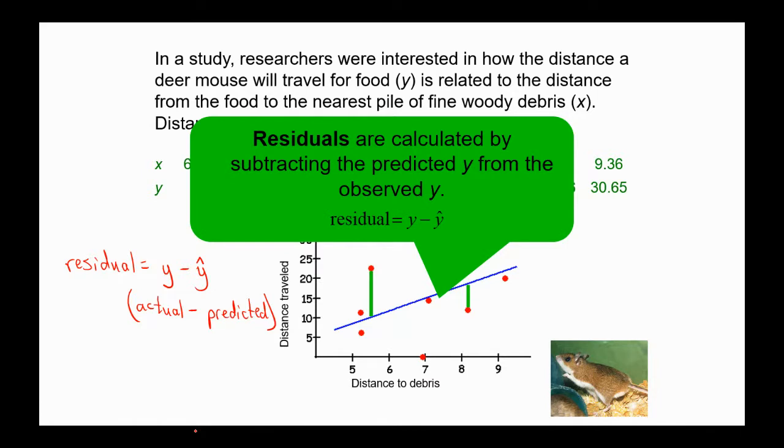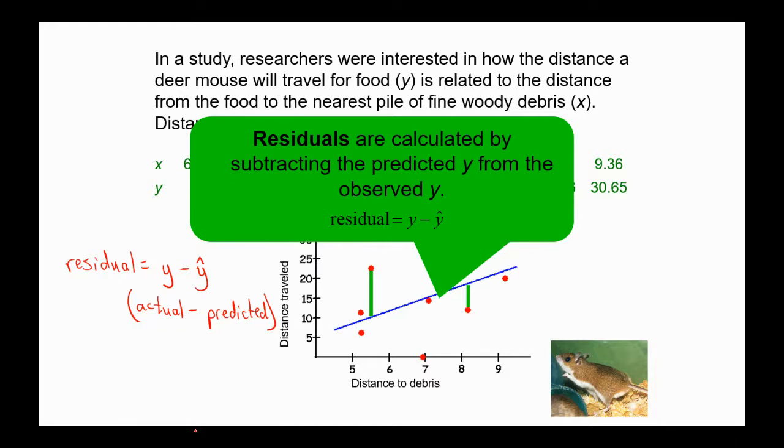So Riley, if you'll do that first point on that table, find the predicted value, and then use that to get your residual. KJ, if you'll do the second point on the table on page 12, find the predicted, and then find the residual.